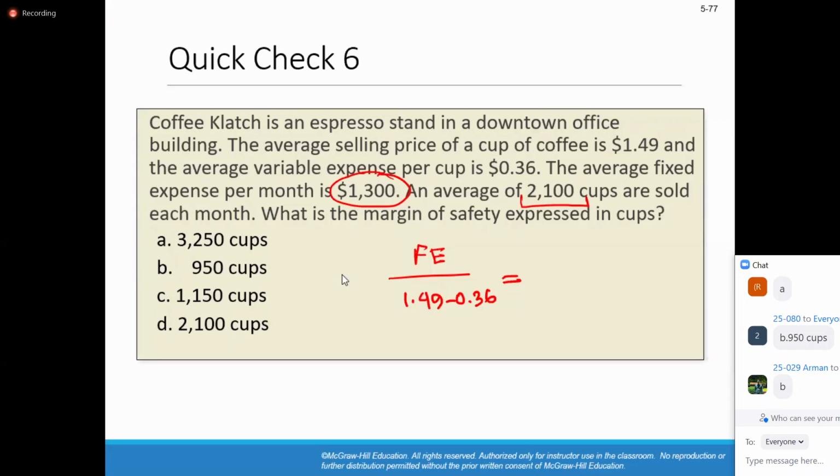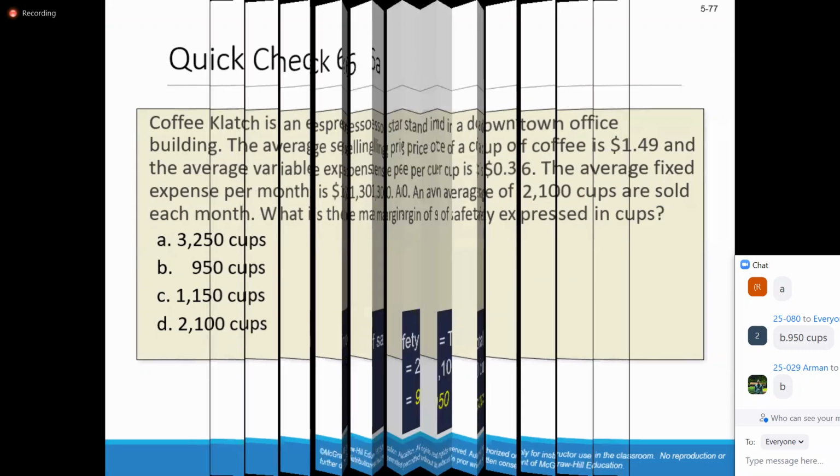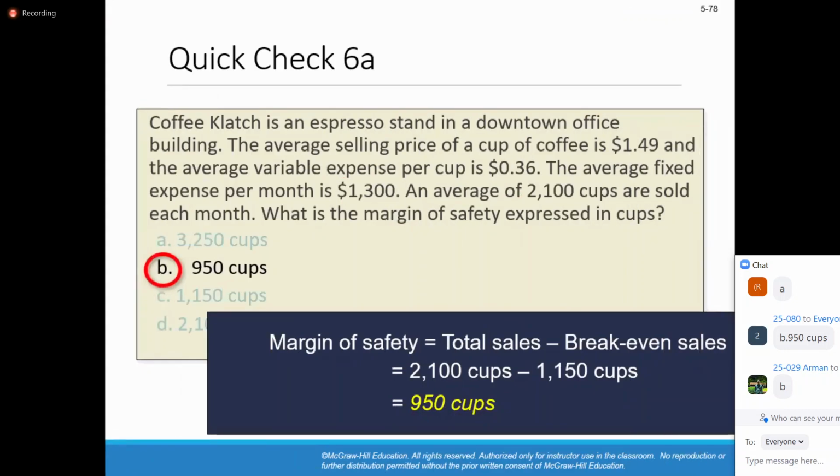So we'll see that this fixed expense of 1,300 over this contribution margin 1.49 minus 0.36. Is it this amount?